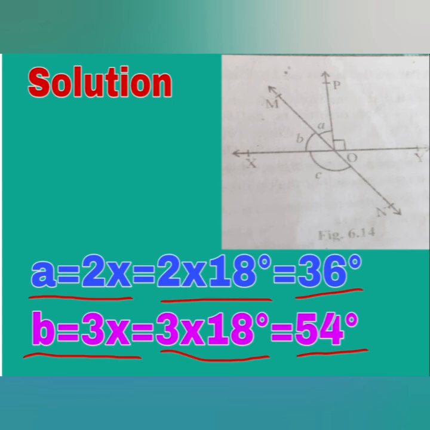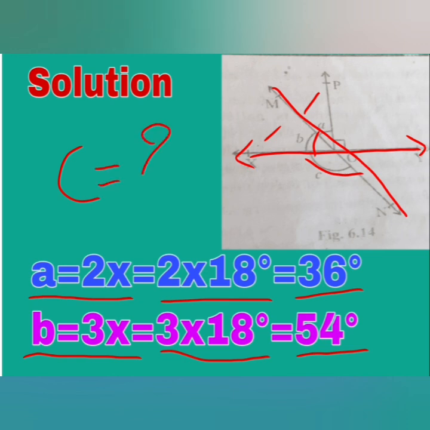So with the help of the XY straight line, why we calculated this B angle and A angle is, when you take this MN straight line, on that MN straight line you are getting B angle and C angle, right? So in the question, it is asked to calculate C angle only. We don't need the measurement of any other angle.